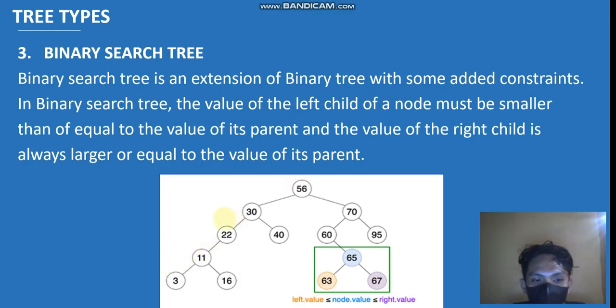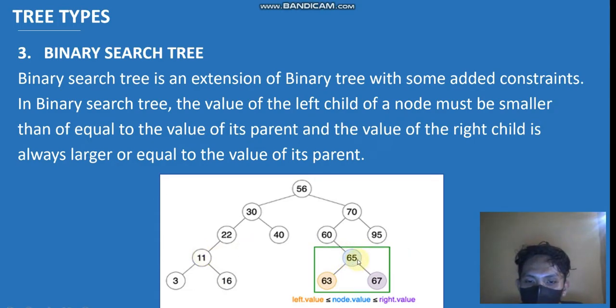As you can see here, guys, the parent node 11 has a left child node with the value of 3, which is smaller than its parent node. And the right child node of 11 is larger than its parent node. Same as here, guys.